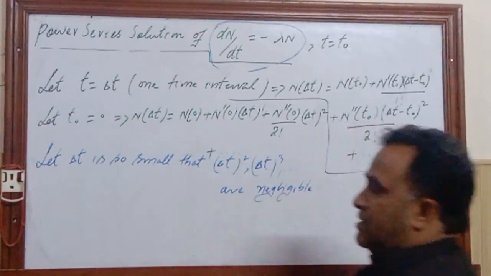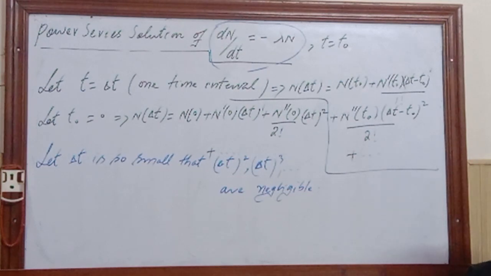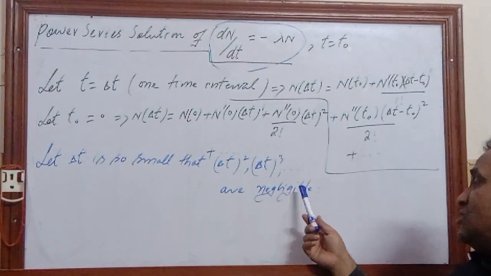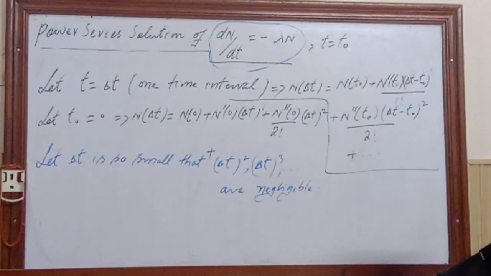So if delta t is very small, delta t square, delta t cube, delta t to the power 4 and so on can be assumed to be negligible. This is an approximation we are going to make.